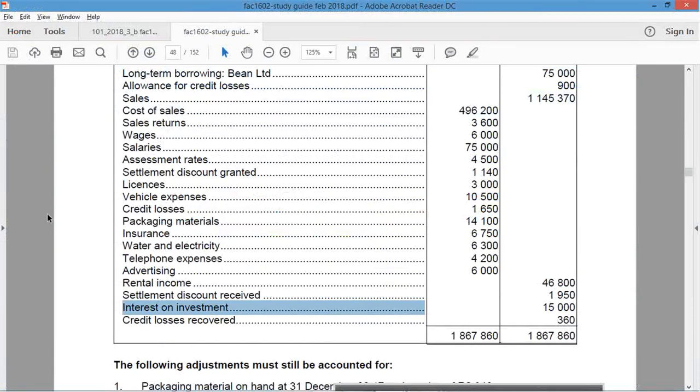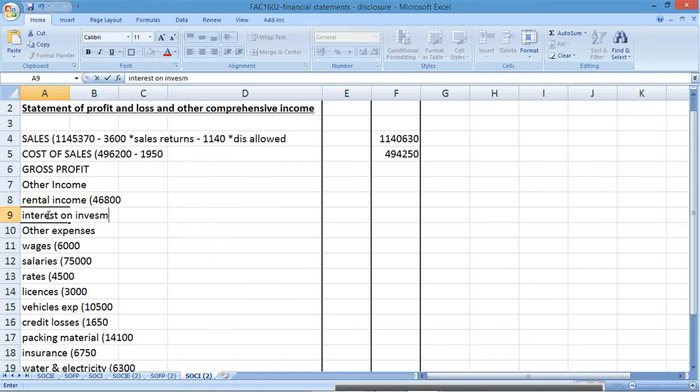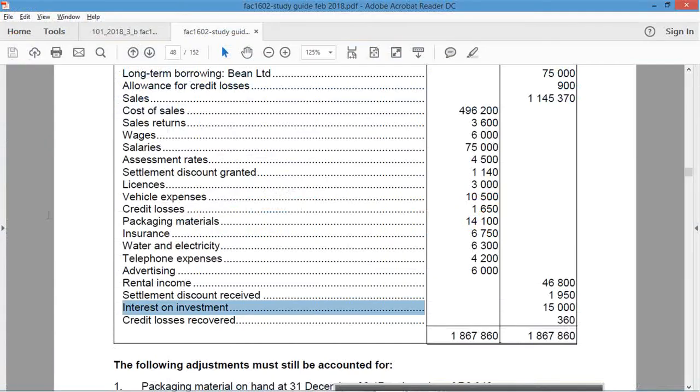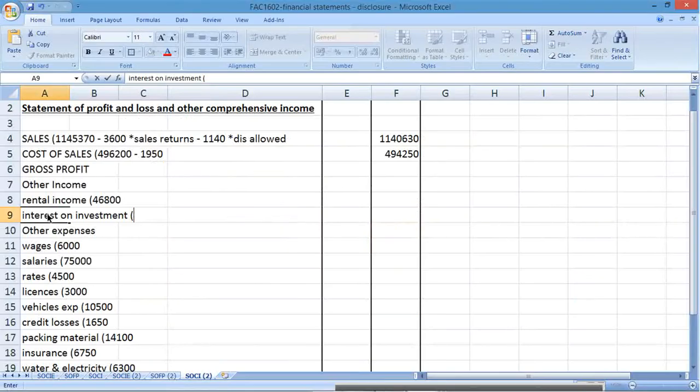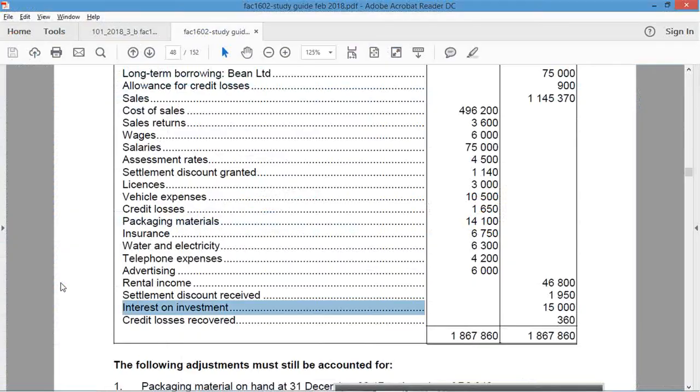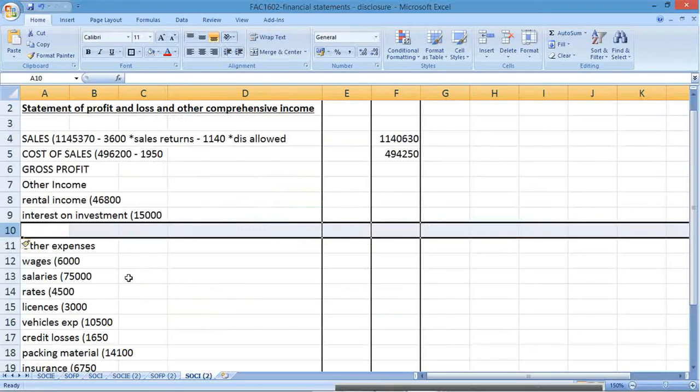Interest on investments. How much? 15,000. Now what is credit losses recovered? Income. Correct. 360.